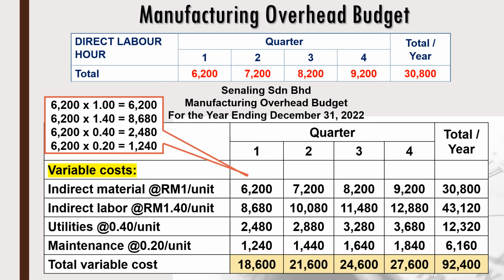So, the total variable cost equals 92,400. If you calculate vertically or horizontally, the total variable cost must be the same, that is 92,400.